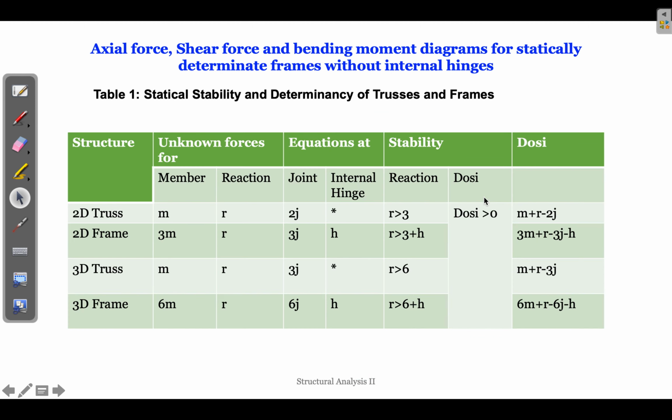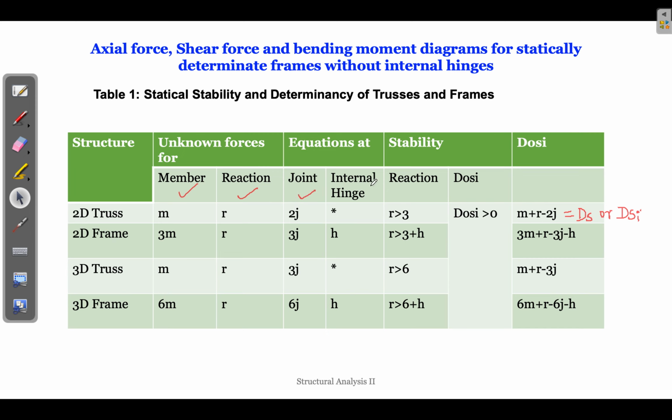Now let's see the formulation. We are going to use beams, trusses, and frames. So what are the formulas for this? If it is a 2D truss, the degree of static indeterminacy, which we can write as Ds or DSI, is equal to m plus r minus 2j, where m is the number of members, r is the number of reactions, and j is the number of joints.